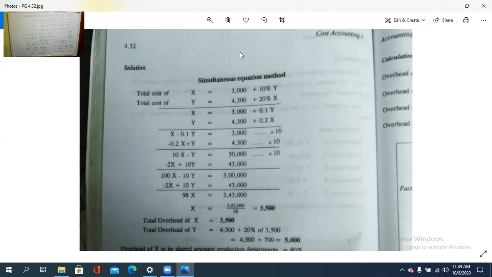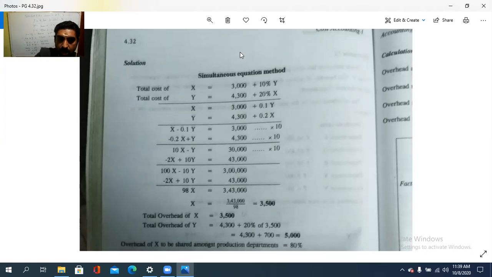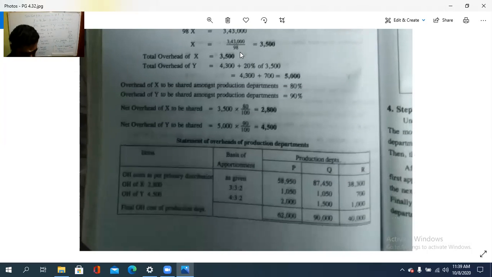After that, the overhead of X to be shared among the production department. The next step: overhead of X to be shared among the production departments is 80%, because 20% is given for the service department. And Y to be shared among the production department is 90%, because 10%.